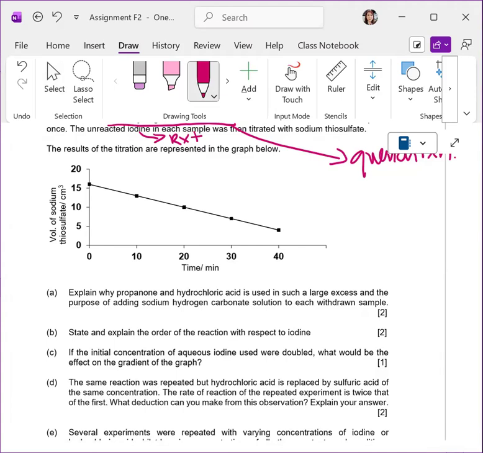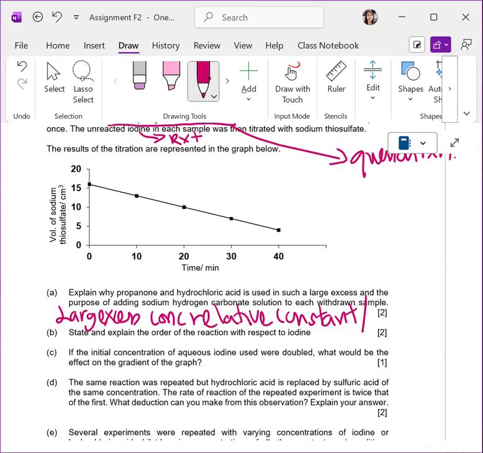So we keep them in large excess so that their concentration will remain relatively constant. And when the concentrations remain relatively constant, the reaction becomes like a zero order reaction. Because you have a large excess, there's no change in concentration. The only thing that is changing concentration here is iodine with time.